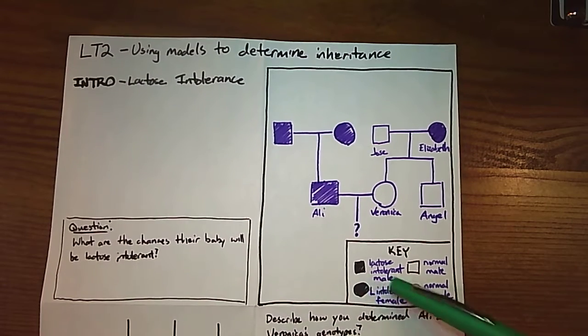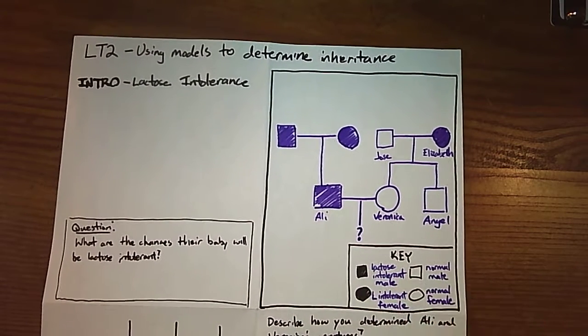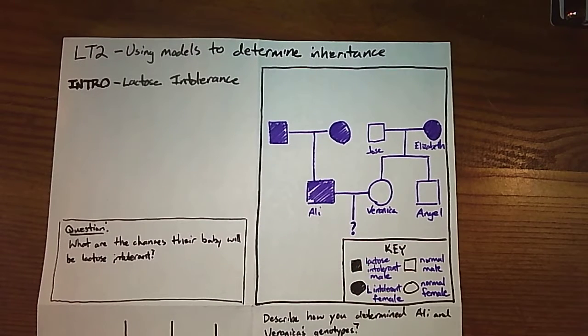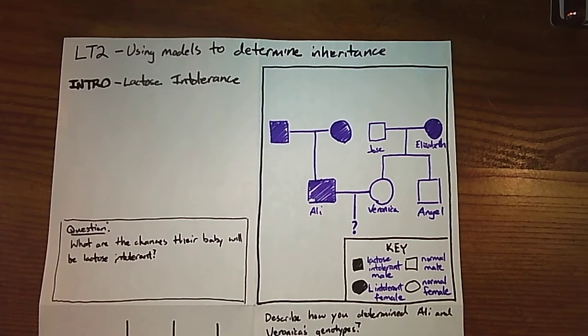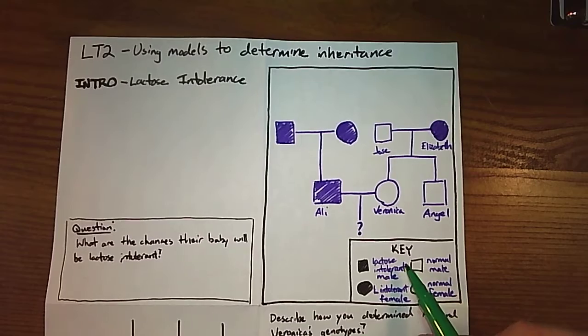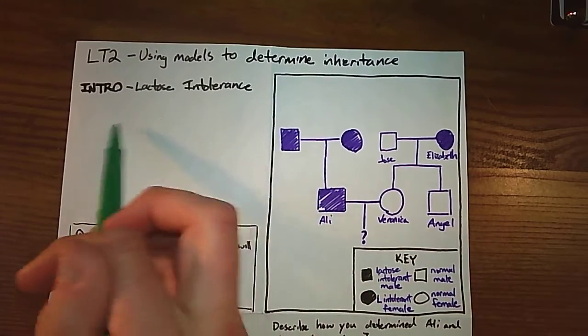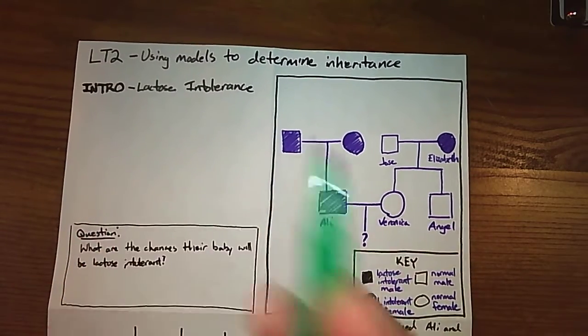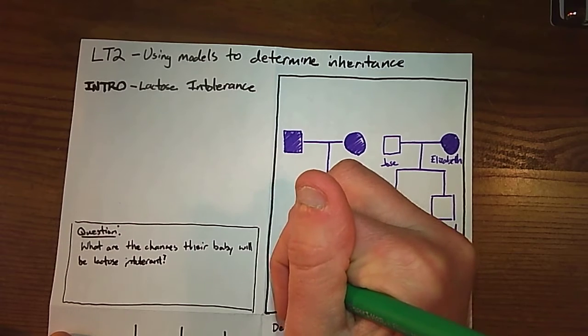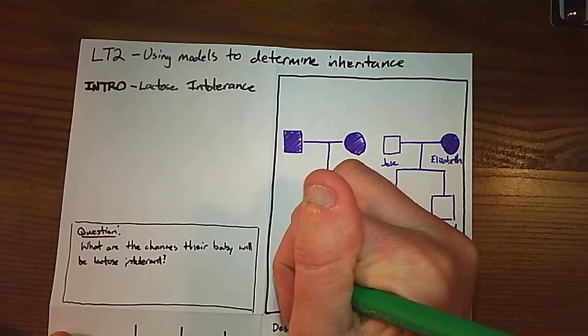And this is where this key helps out a lot. If I have someone who's shaded in, I know they're going to be affected, so they're going to be lactose intolerant. And again, in your sheet it'll be written here, but lactose intolerance is autosomal recessive. So I might even make a key over here.